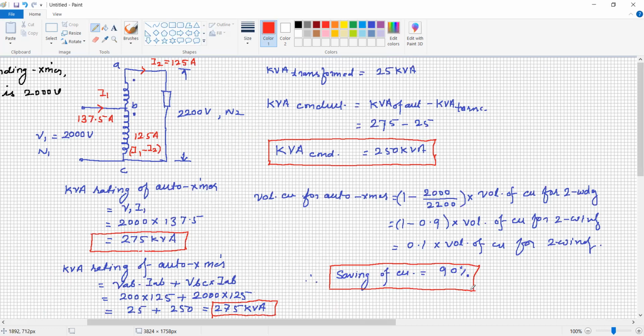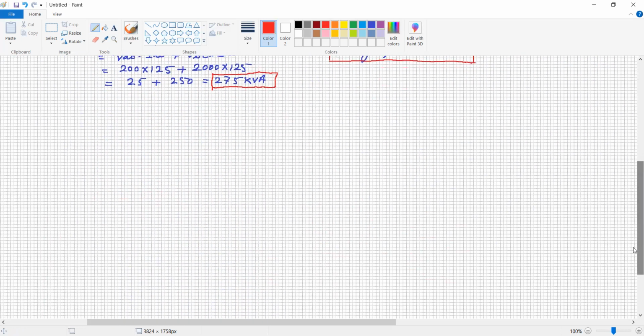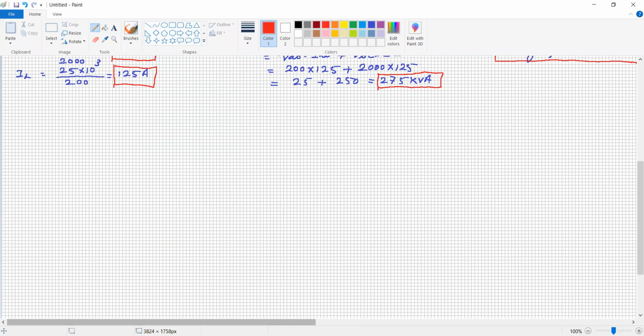Let the power factor be 0.8 lag and the full load efficiency of the two winding transformer be 95%. We will consider this here.